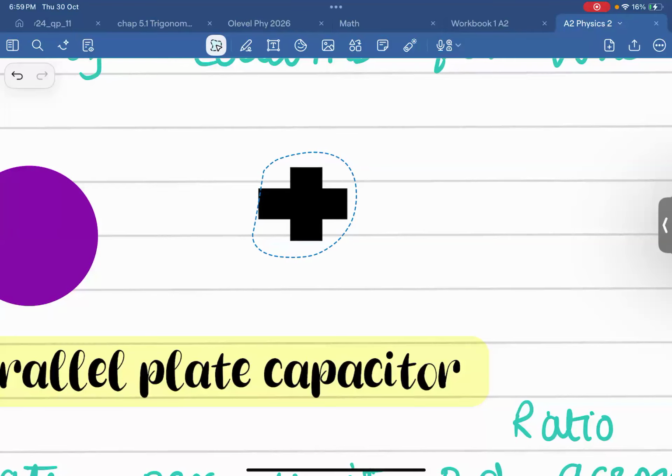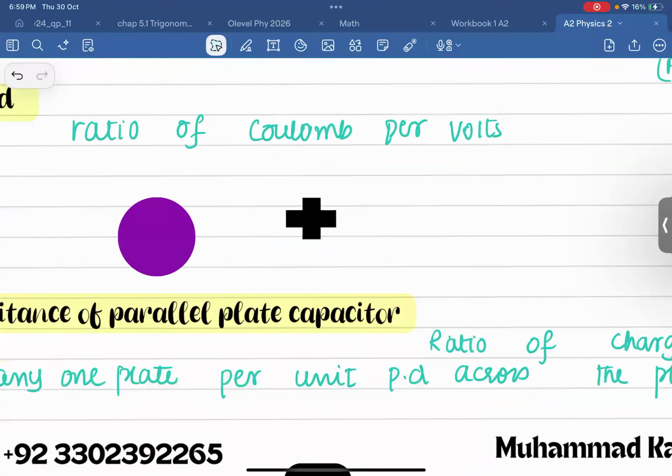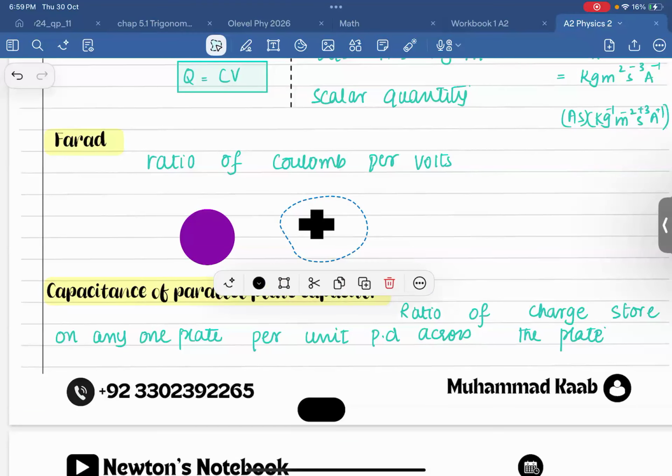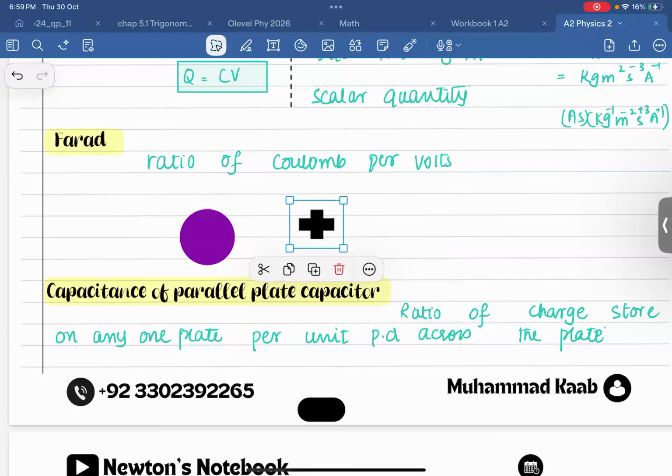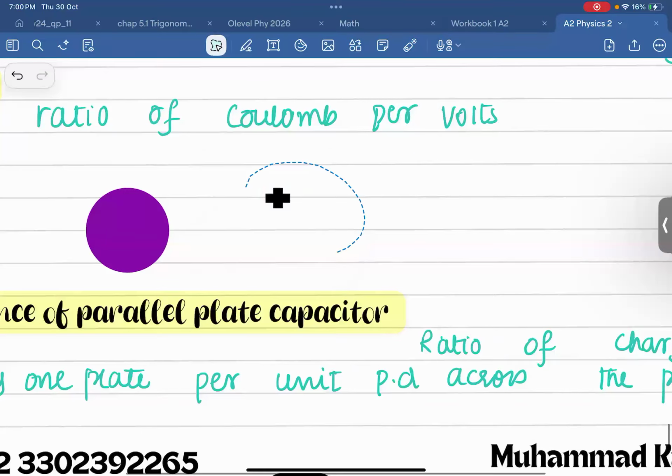Good. Left line looking good. In the center, yes. So we can have it a little bit small and make it as many as we want and just store it. There's not any emoji. It's a positive charge that I'm storing.